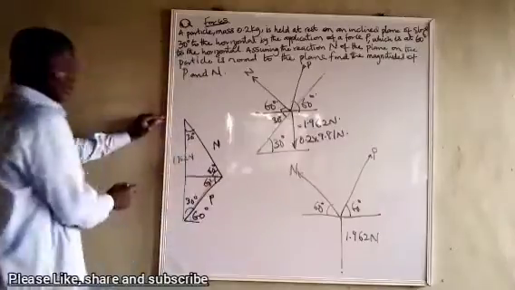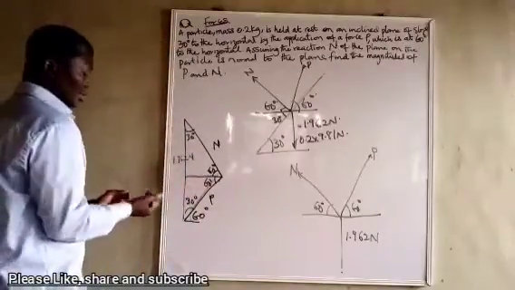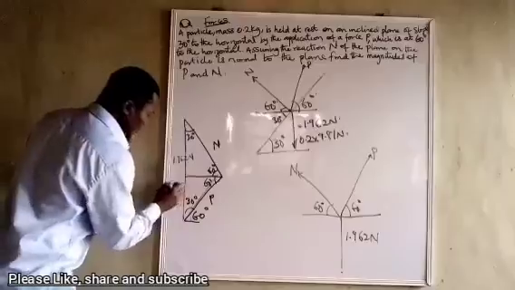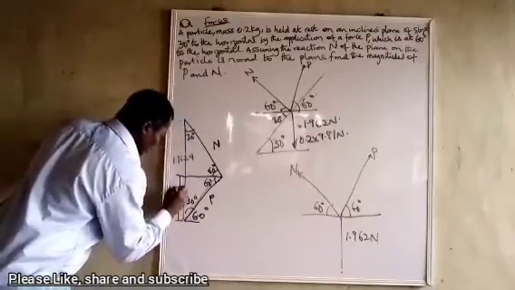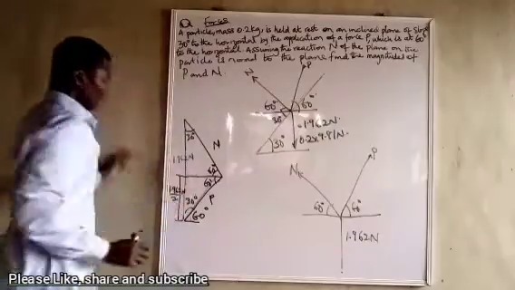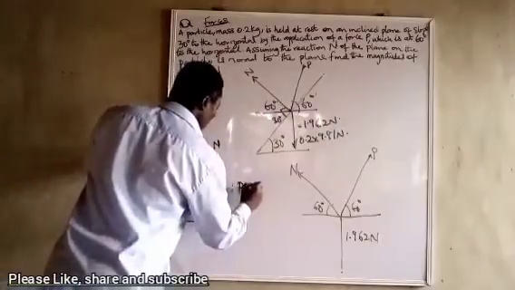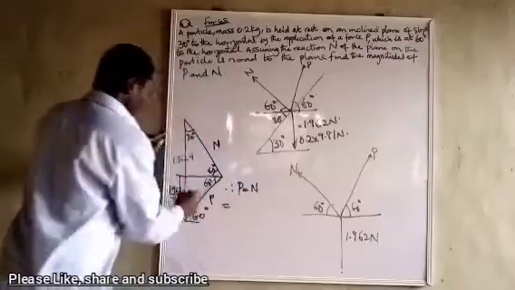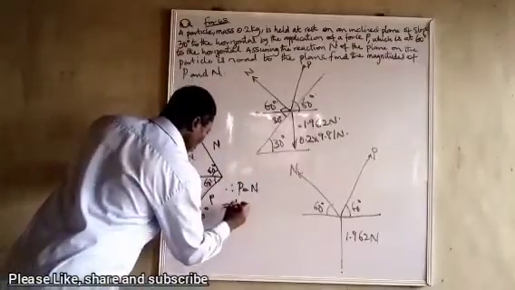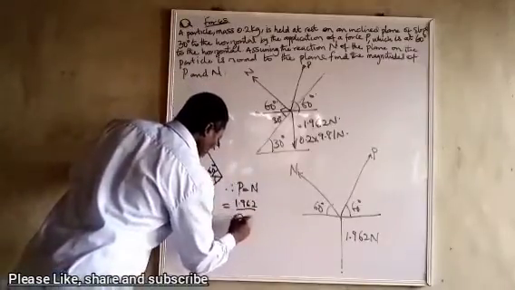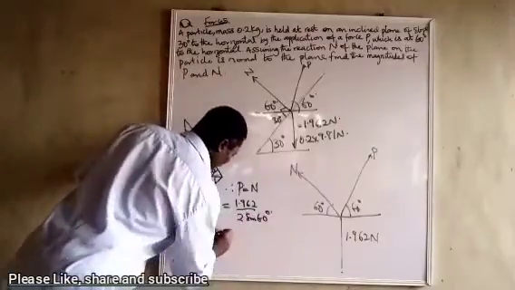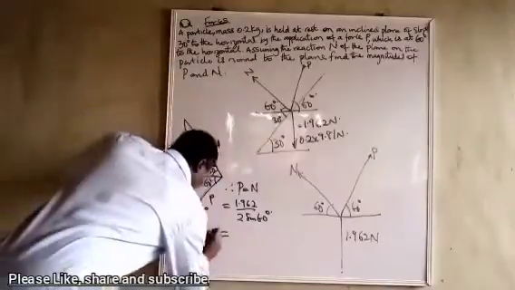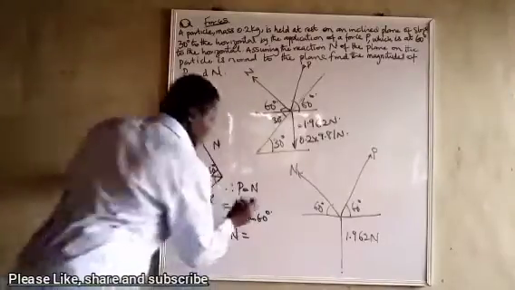Therefore, we can break it into two and use our trigonometric ratios. So from here to here, it will be 1.962 over 2. Therefore, P equals N, which is equal to 1.962 over 2 divided by sine 60 degrees.